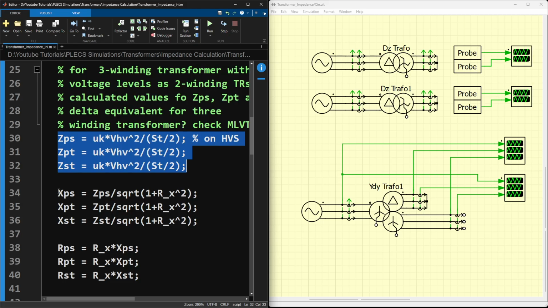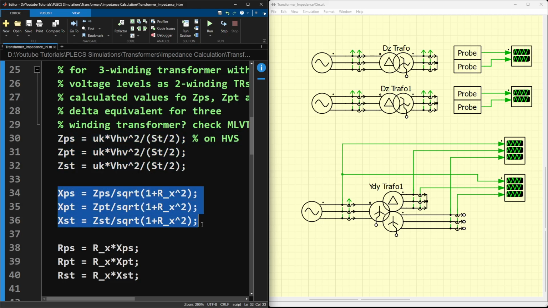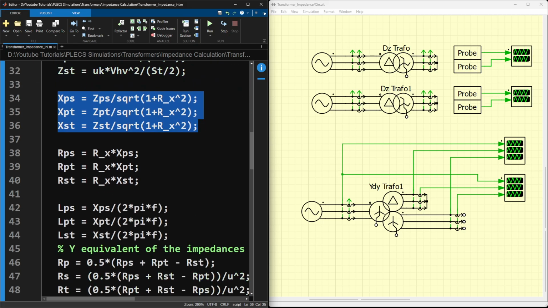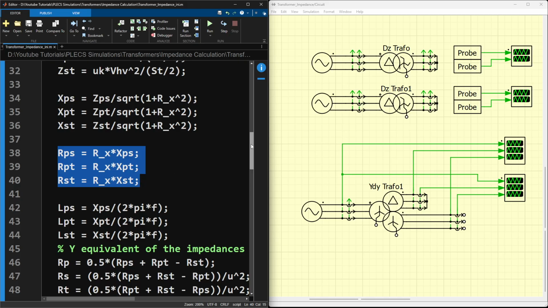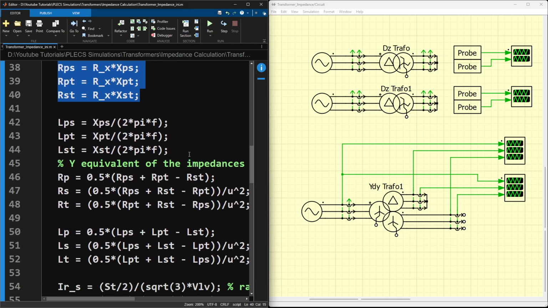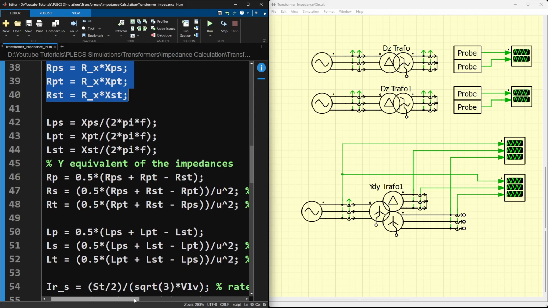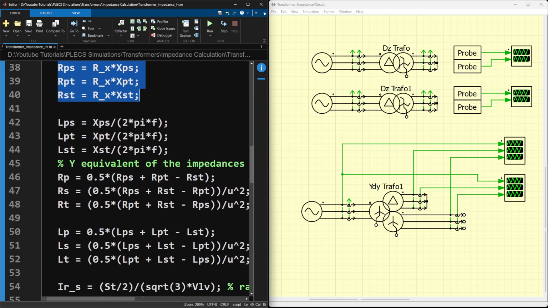And then similarly for the reactance and resistances. Once we have the reactances and resistances of delta equivalent circuits, we can now go to the impedance and then resistance of individual star connection equivalent. You see, this is half of this.